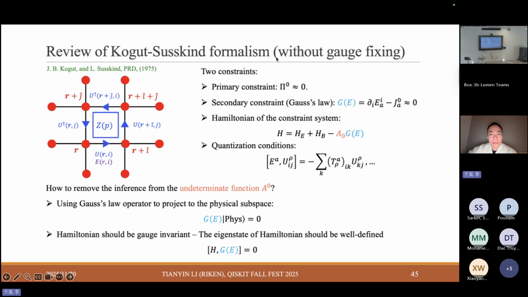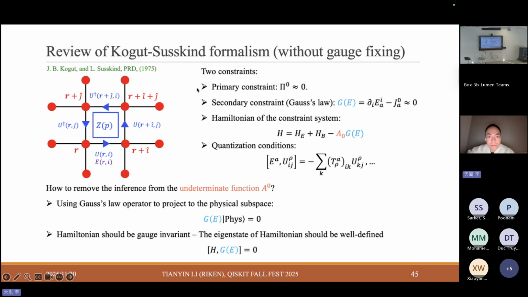And this formalism does not have any gauge fixing. So in this formalism, they put the fermion fields on the lattice sites, while they put the gauge fields on the links between two lattice sites.